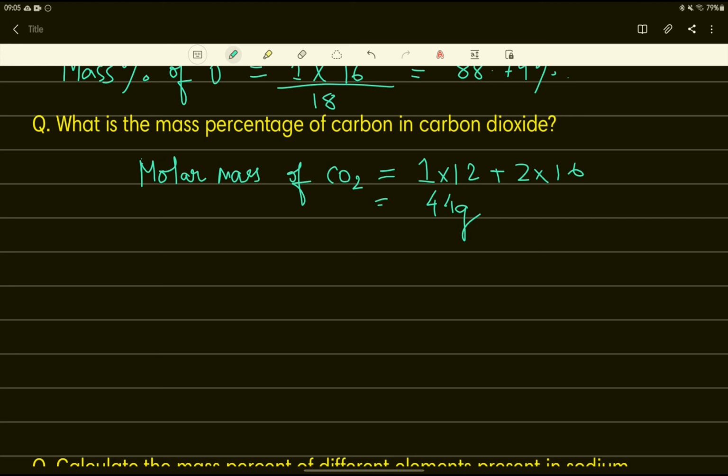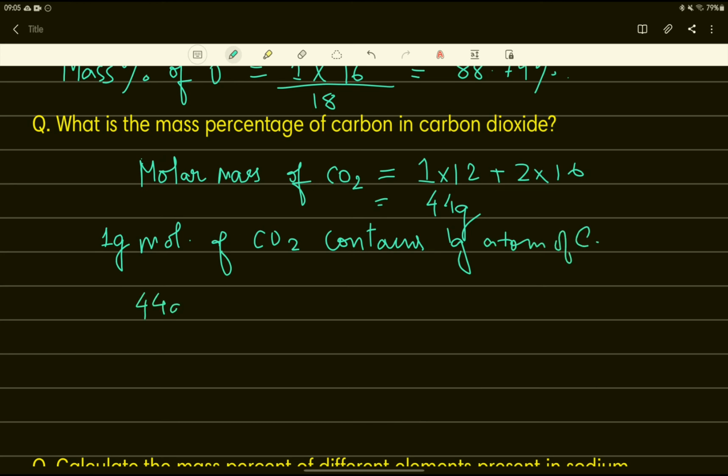You can see here that 1 gram molecule of carbon dioxide contains 1 gram atom of carbon. So 44 gram of carbon dioxide contains what? 12 gram of carbon.